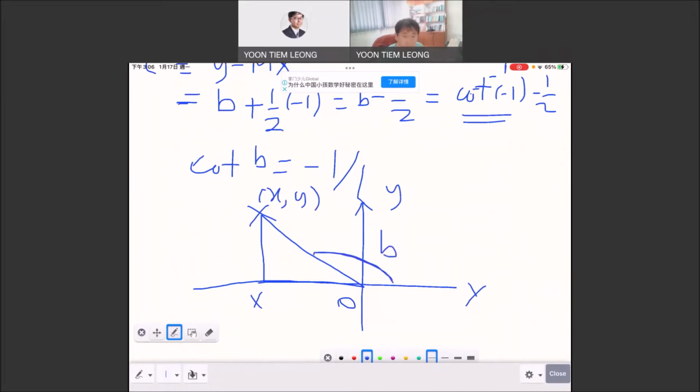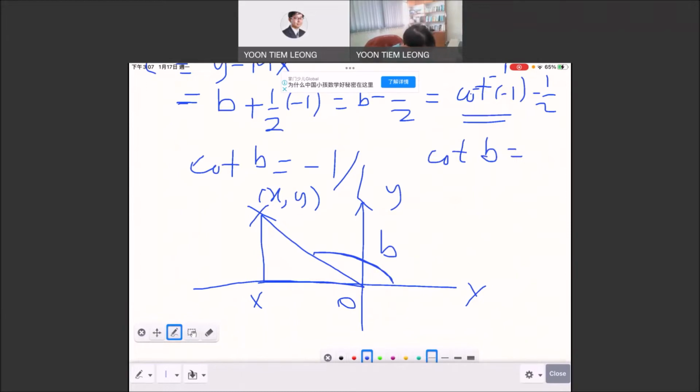If you still remember the definitions of the generalized trigonometric functions, if you define cotangent B to be like this, then cotangent B by definition is a ratio of the adjacent to the opposite, right?